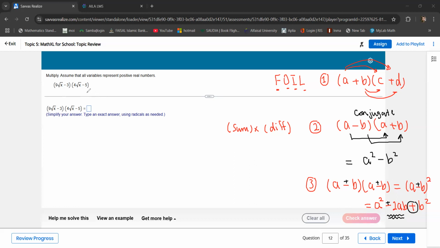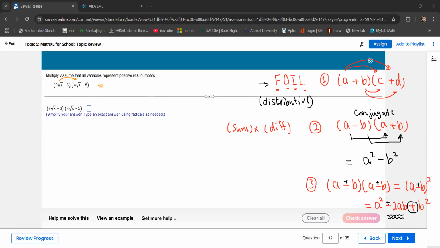So in this case, this product follows the FOIL method, which is the normal multiplication method. Sometimes we call it FOIL, sometimes we call it distributive method. Let's follow the distributive method and find out what the final answer is.